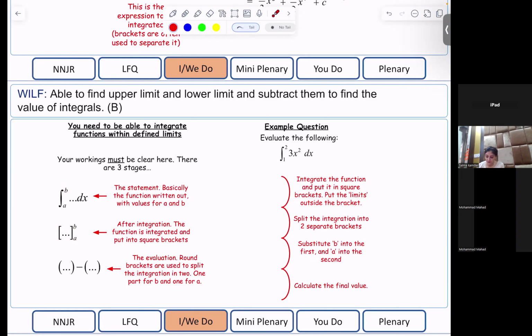No, because it's a definite integral. Then what will I do? You'll do f of b minus f of a. This always has to be a minus sign. You'll always put two brackets and you'll do f of b minus f of a. I'm giving you time. Integrate this with defined limits.